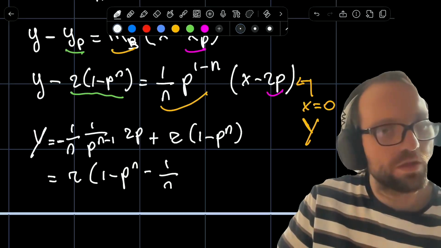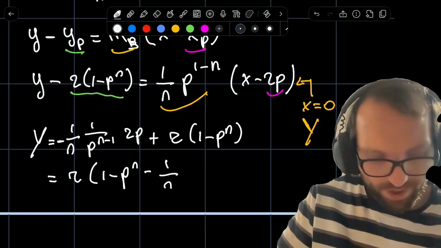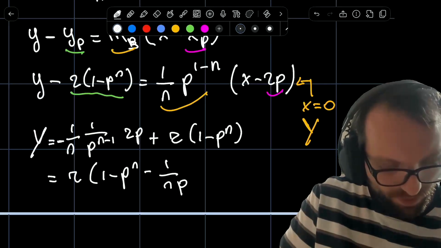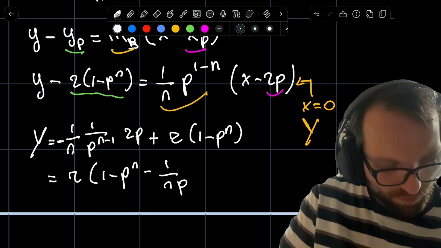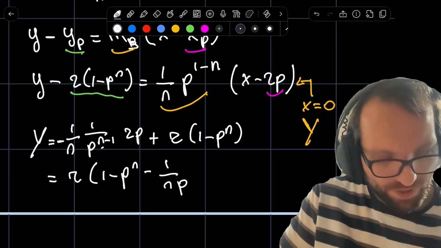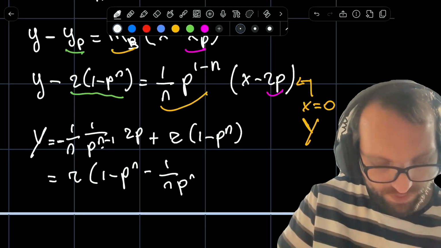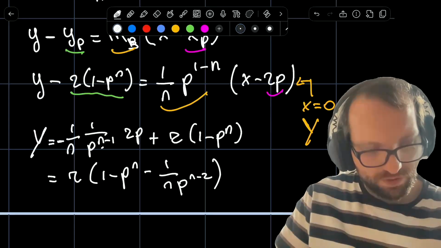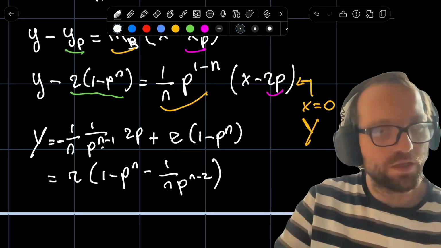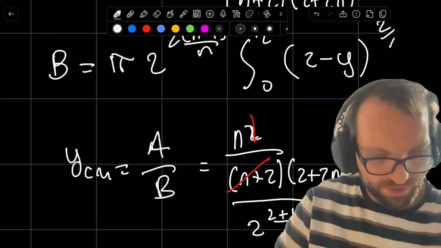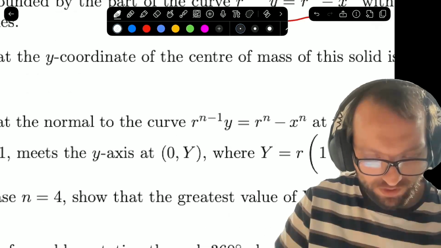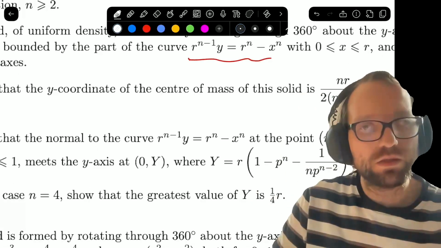Here we can just take one r out, and here we can apply the property of the powers. So this is going to be n minus 1 minus 1, so n minus 2. Okay, this is what we want to find. Let's check whether it's the same result. Yes.